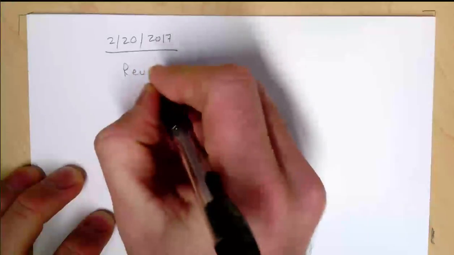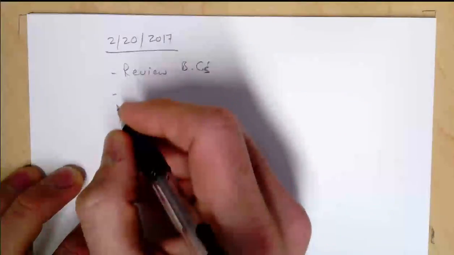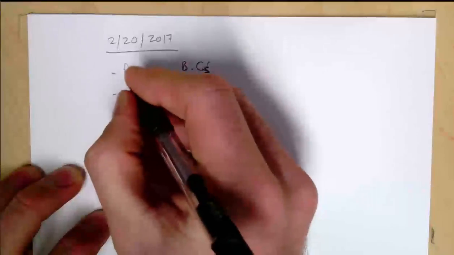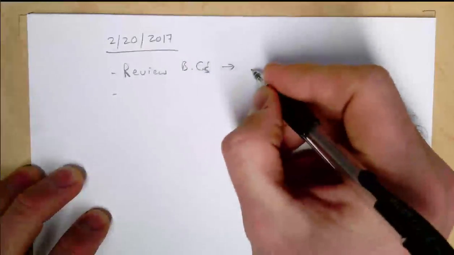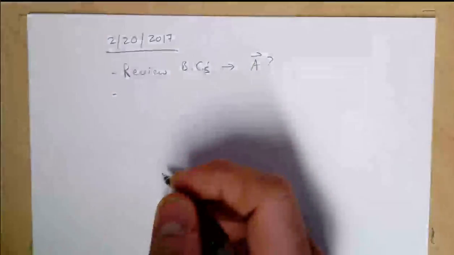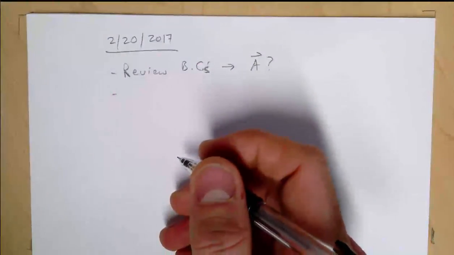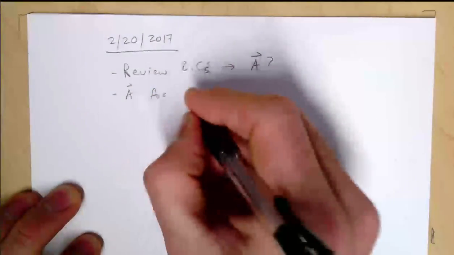The basic thing that I want to do is review our work on boundary conditions that we did last time we met. This will also help get us ready for our exam on Friday. Also, let's extend that to how we talk about boundary conditions on A, the magnetic vector potential. Then I'm going to begin to talk about A for dipoles.